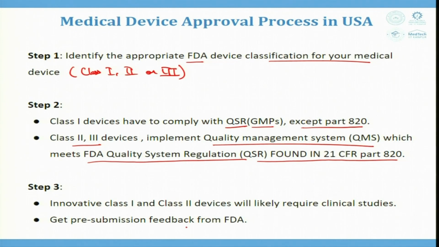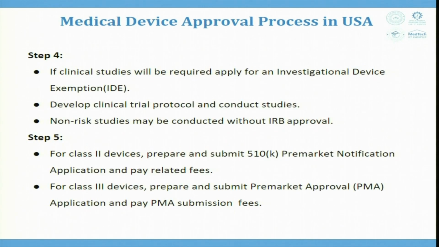Step 3 is innovative class 2 and class 3 devices will likely require clinical studies. So, we get pre-submission feedback from FDA here, because the class is getting higher, and feedback from FDA is taken here. Step 4 includes applying for the IDE, that is investigational device exemption, if clinical studies are required.